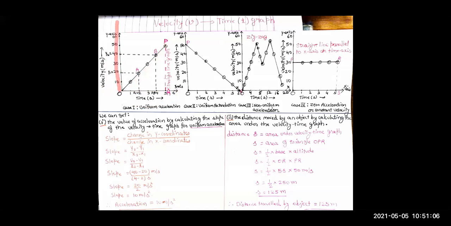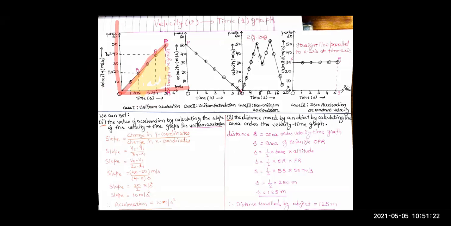You can find the distance by calculating the area under the graph. So this is your graph line, and the area under the graph means this area. This is the shape of a triangle, right?